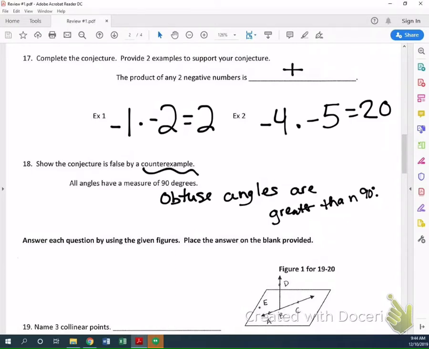The following are all counterexamples except, and maybe it'll be the definition of acute angles, the definition of obtuse angles, a picture of a straight angle, and then a 90-degree angle. And the one that wouldn't work is a 90-degree angle because it doesn't show that this is false. That's one way I could write these. Can't remember if I did or not, but especially when there's more than one possible answer, be ready to answer the question as all of these except so-and-so. Make sense?